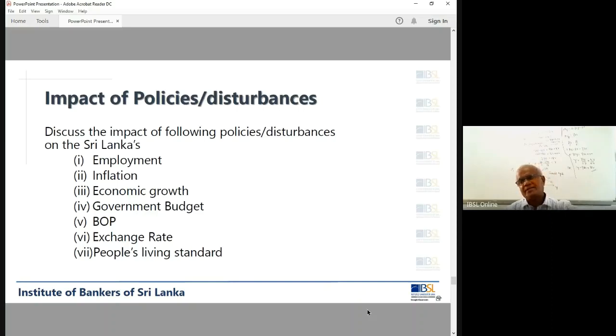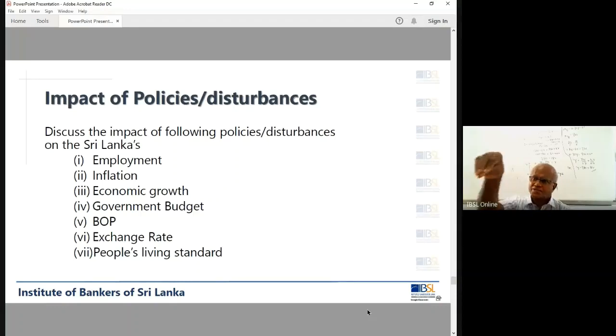The government budget, about budget finance, is our fiscal sector. Balance of payments and exchange rate are for the external sector. The monetary sector is also there. So there are 4 sectors: monetary, external, fiscal and real.